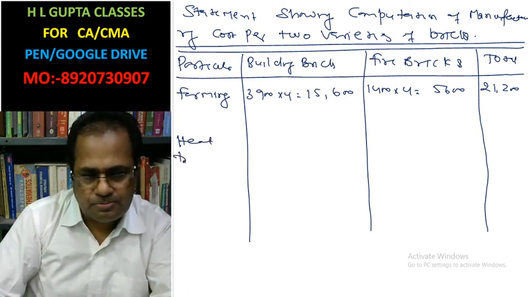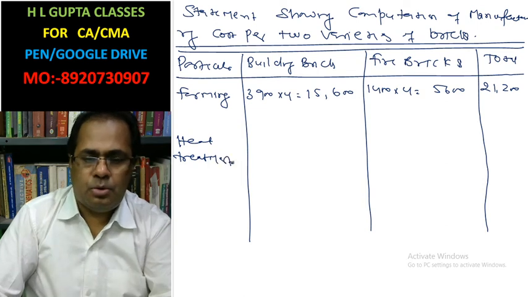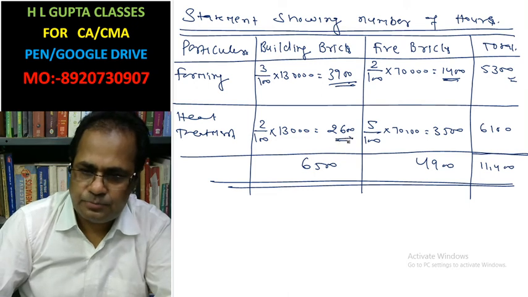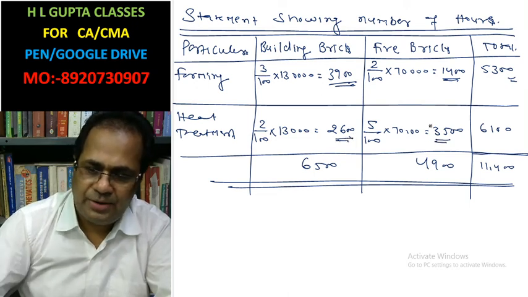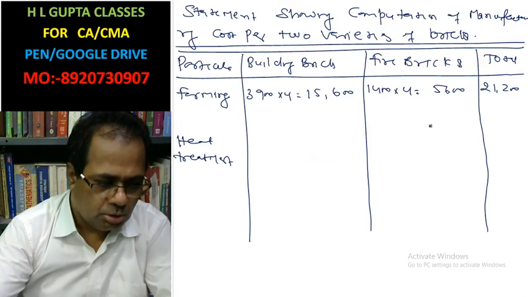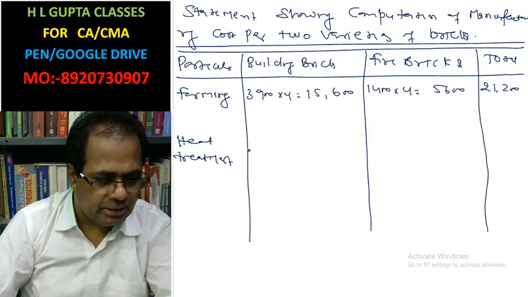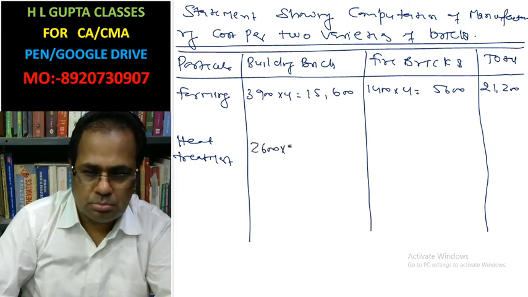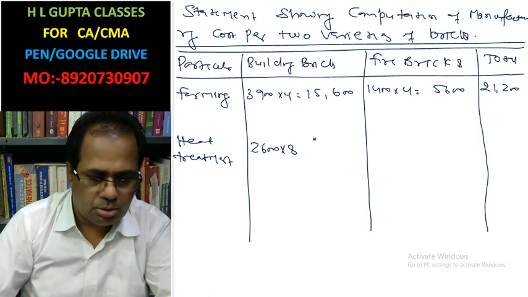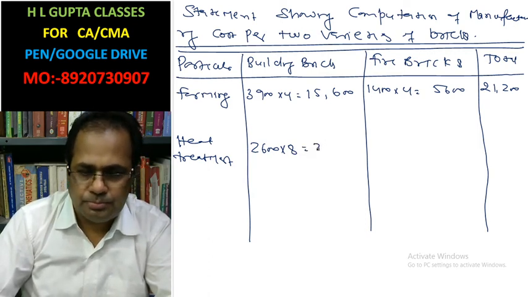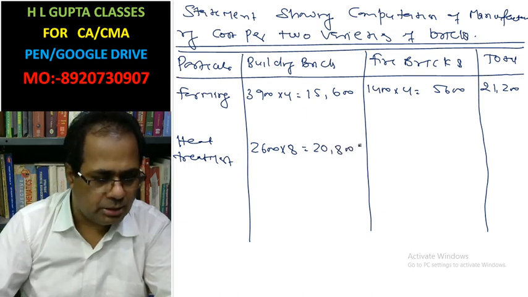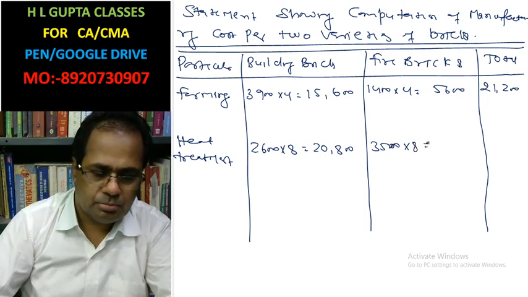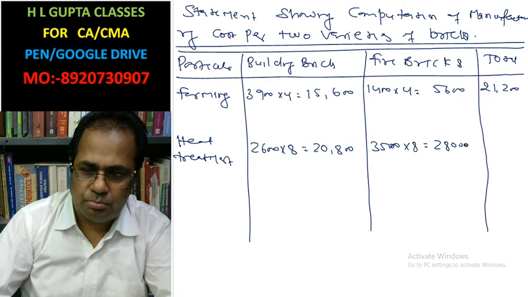Now heat treatment. Look at it. What are the hours? 2,600 in building bricks and 3,500 in fire bricks. 2,600 into 8 is 20,800. 3,500 into 8 is 28,000.